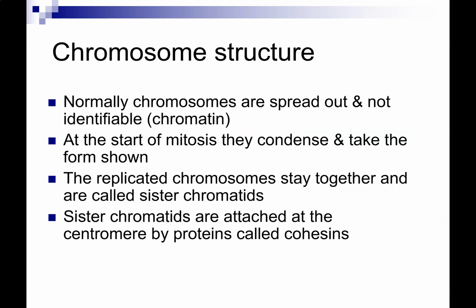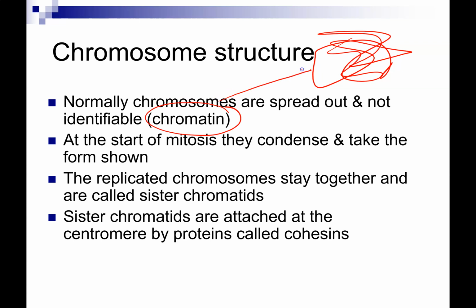Chromosome structure, as I said, is normally this kind of bowl of spaghetti mess that's called chromatin, and it was that kind of purple bowl of spaghetti in the first picture. What's going to happen is it's going to start to condense, and again, I draw it like this, and that's including the histones in the DNA. And when it's replicated, you get sister chromatids, and they're held together at a centromere.